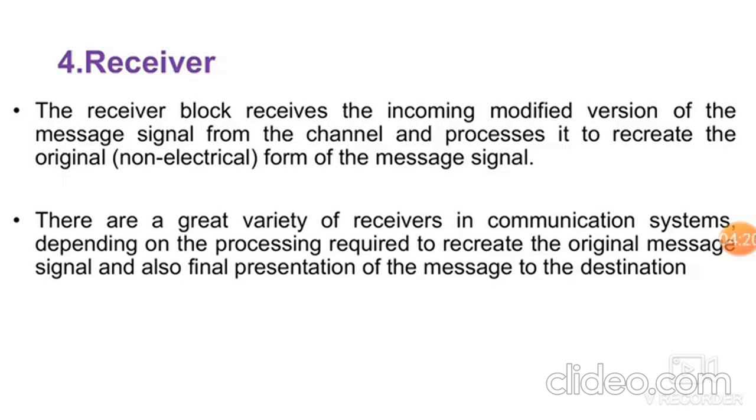The receiver block receives the incoming modified version of the message signal from the channel and processes it for the next block. There is a great variety of receivers in communication systems, depending upon the processing required to regenerate the original signal.